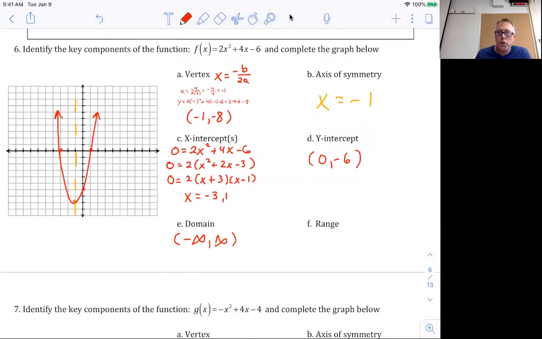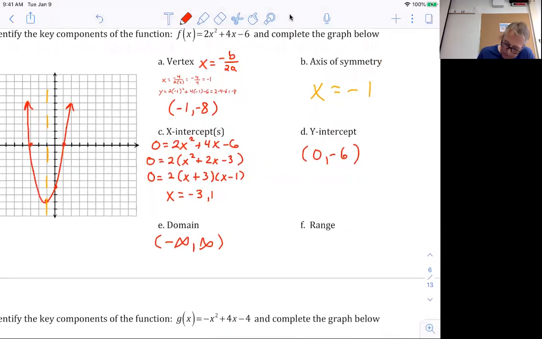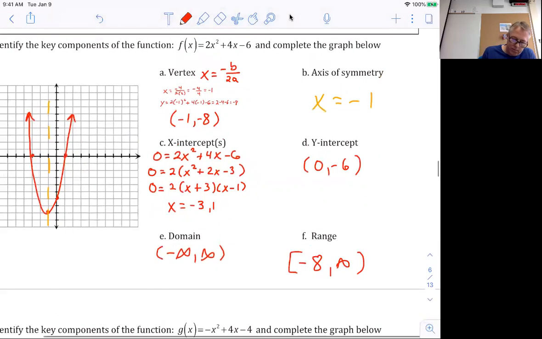The range is going to be from -8 to infinity. And you know, right there, I actually forgot what this minimum value was. So I looked up here and said, oh, it's got to be -8, right? Because that's the y value of the vertex.